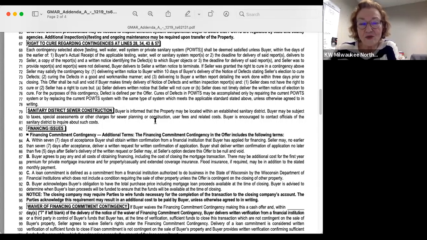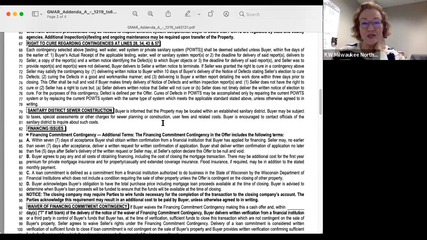Sanitary district sewer construction, buyers informed. Now this is where I'm talking about consumer protection. Buyers informed that the property may be located within an established sanitary district. Buyer may be subject to taxes, special assessments, and other charges for sewer planning or construction, user fees, and related costs.